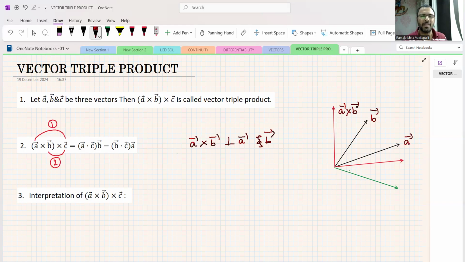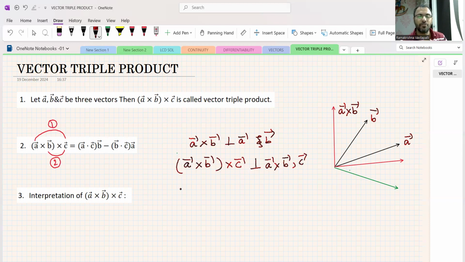Now what is meant by A bar cross B bar cross C bar? See here that A bar cross B bar cross C bar is perpendicular to A bar cross B bar, comma C bar.